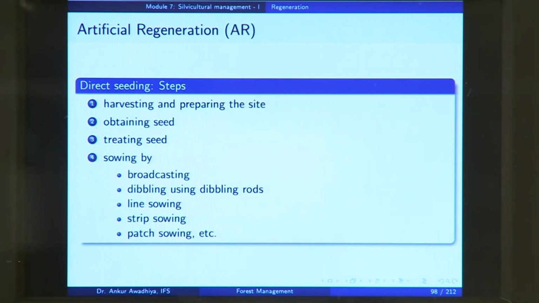Dibbling is a process in which you have a rod that is pointed at one end, and then you make a hole with this rod and put a seed inside. The advantage over broadcasting is that your seed is inside the soil and it is much more protected from animals like birds or insects, because it is now inside.